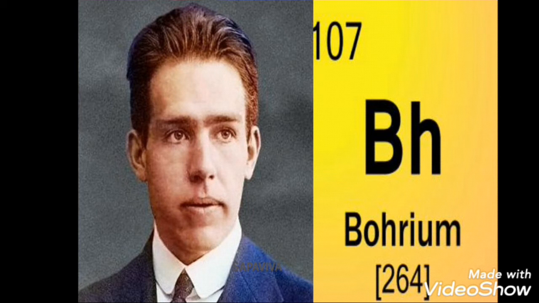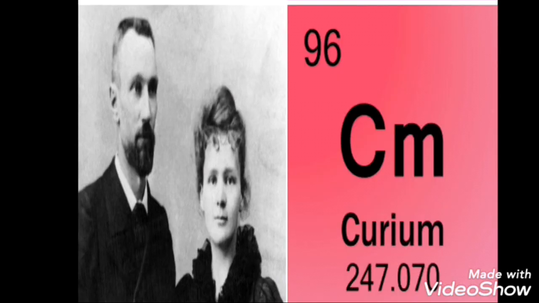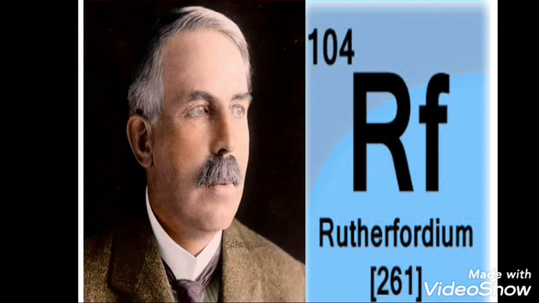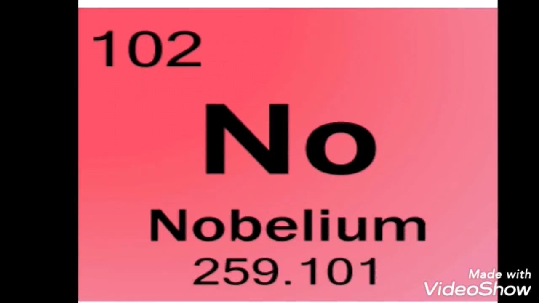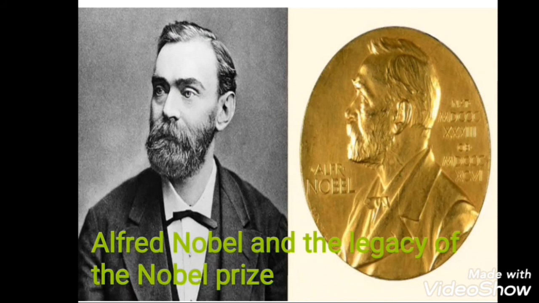Bohrium is named after Niels Bohr, who proposed the atomic structure. Curium is named after Marie Pierre Curie, the pioneer in the study of radioactivity. Rutherfordium, to honor Rutherford, who proposed the atomic model. Nobelium, to honor Alfred Nobel, best known for his invention of dynamite and the Nobel Prize.